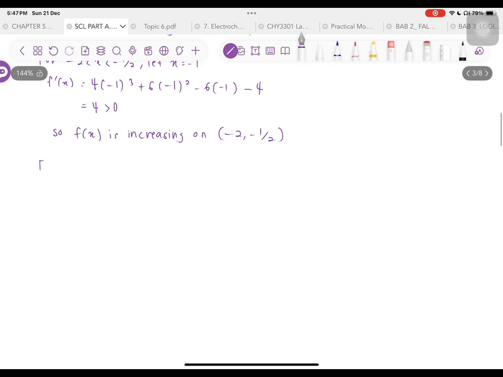Next, for -1/2 less than x less than 1, we will let x equal to 0. We need to substitute 0 in the equation.